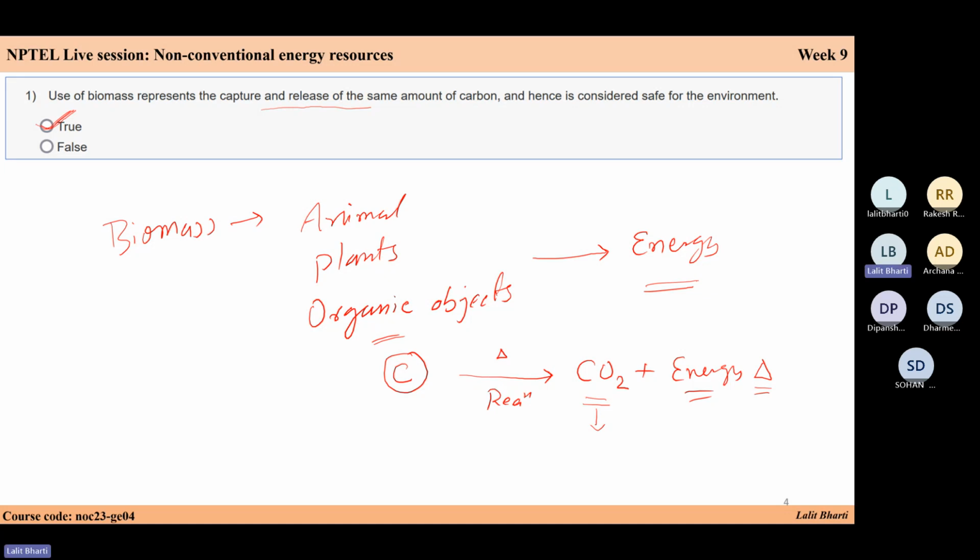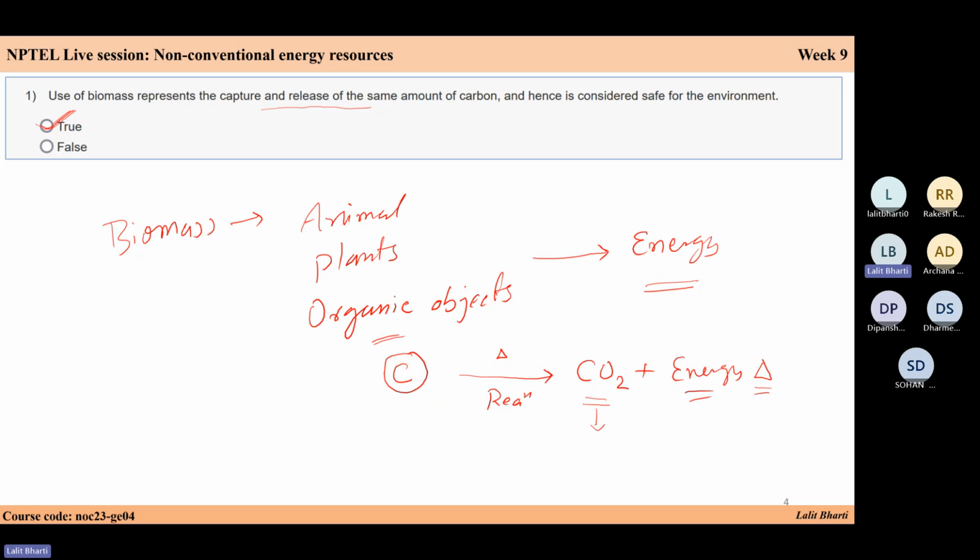We have already touched the basics of biomass, what is biomass, in our introductory sessions in the very first phases of the course. Now we will go beyond this fundamental. So we'll start with this biomass question.